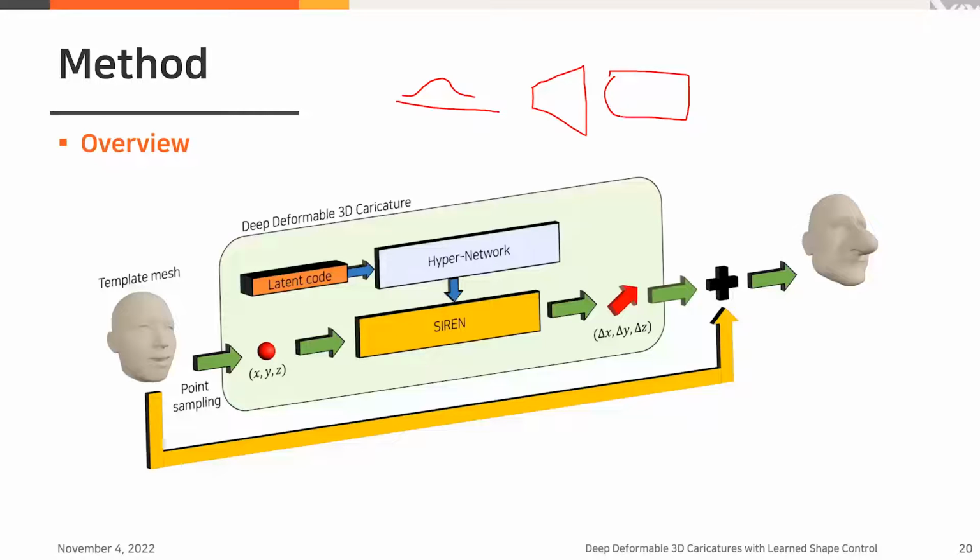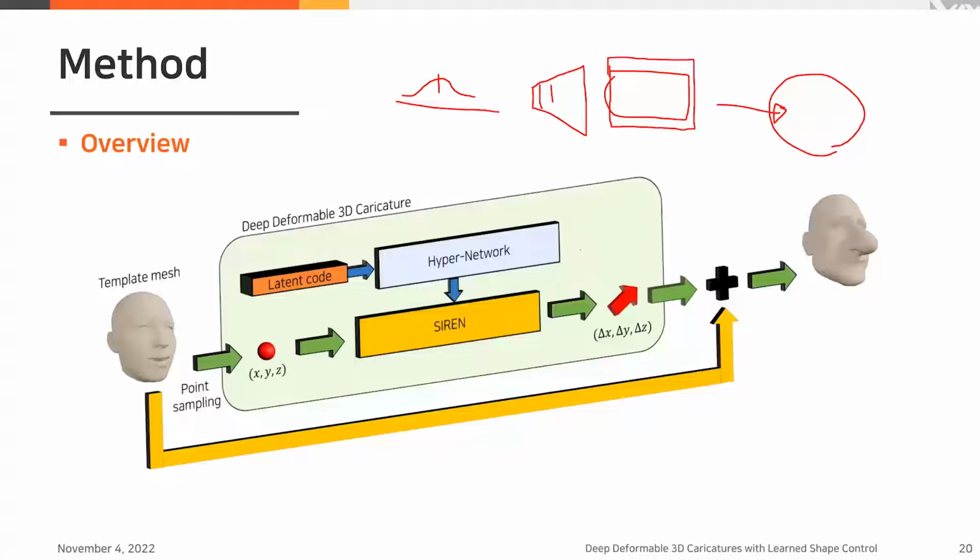When you think of an image generator, you sample the points from the Gaussian distribution and train this decoder to generate output that may fit into some kind of image data you have, right?